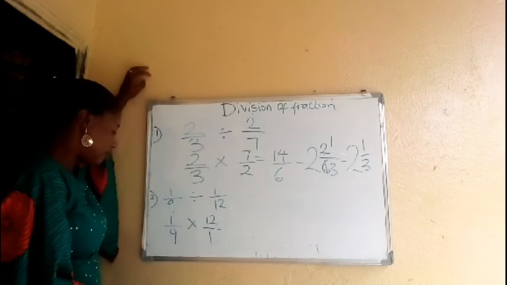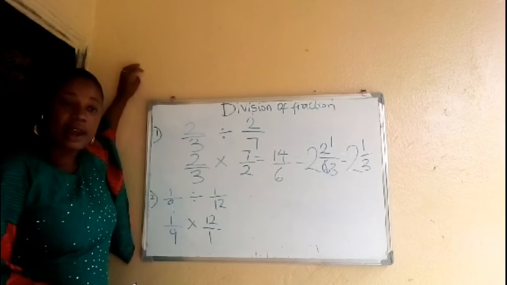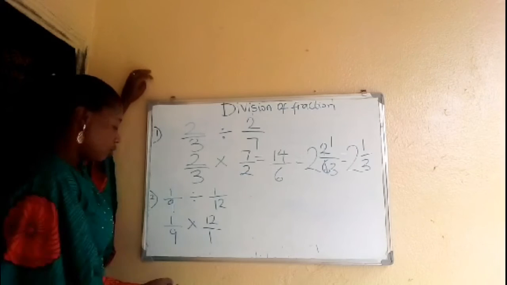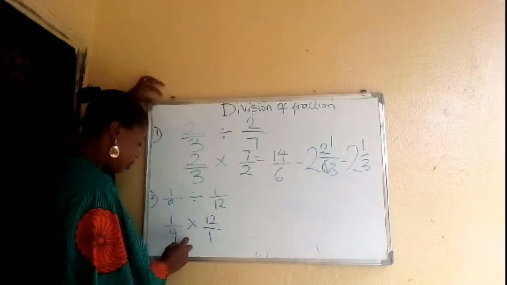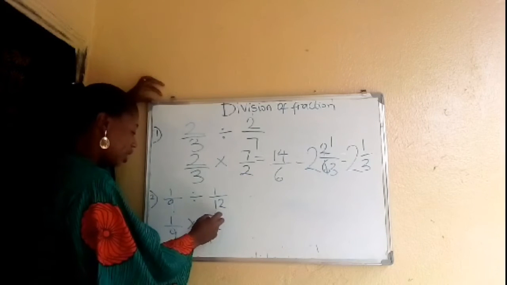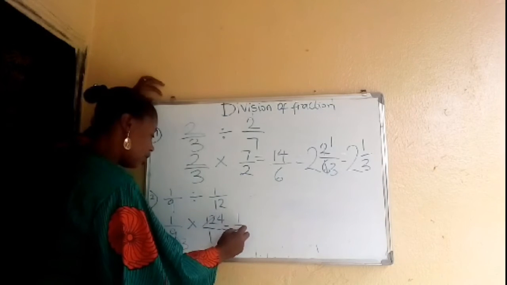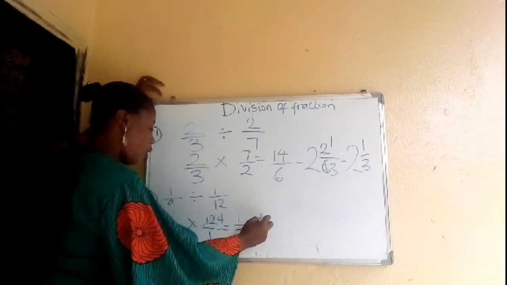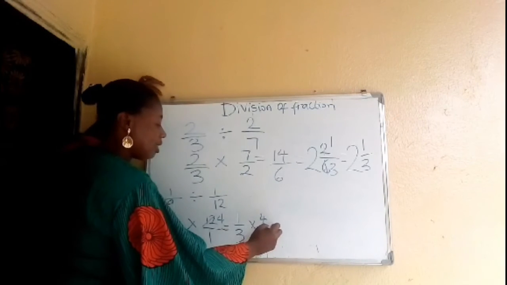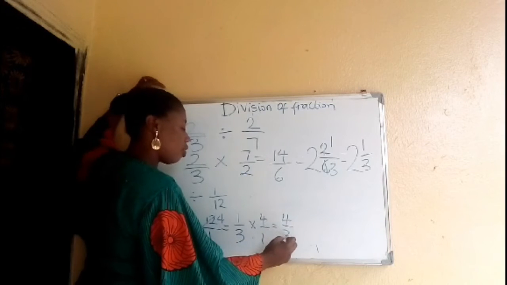The common factor here is 3. So 9 divided by 3 is 3, and 12 divided by 3 is 4. So we have 1 over 3 times 4 over 1. The answer is 4 over 3.